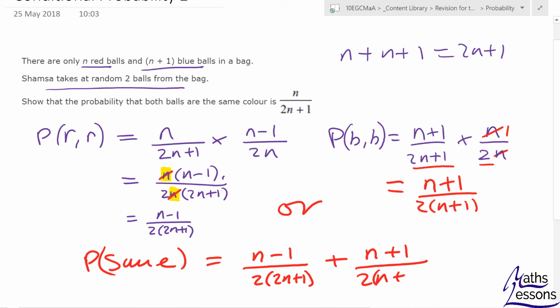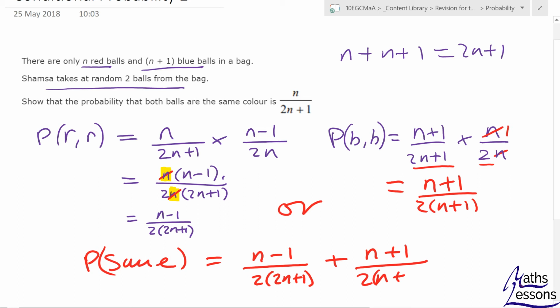Exactly the same idea where you just add the two tops. Okay, for those of you who are a bit rusty, adding your fractions. Same idea. Now n plus n is 2n. The minus 1 and the plus 1 cancel. We're just left with 2n on the top. And then we get that all over 2 open brackets 2n plus 1.